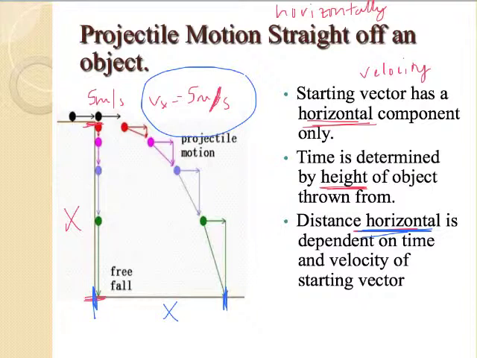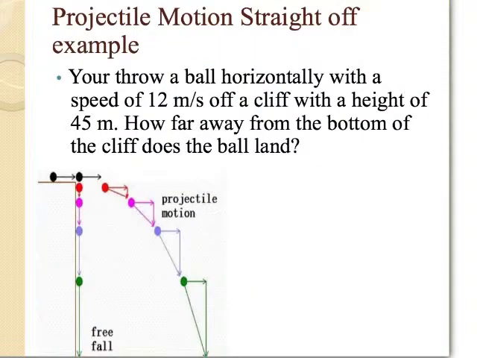One thing to add in here, since all of the velocity is horizontal, your y component for these problems always starts out as 0. According to free fall, as it falls, the y component will increase, but it starts out at 0 because up until the point where the ball leaves the cliff, we're not falling. Just some rules to keep in mind for this.